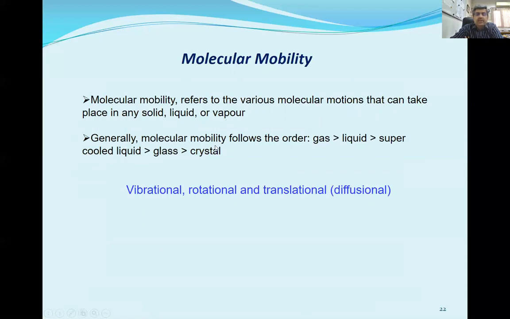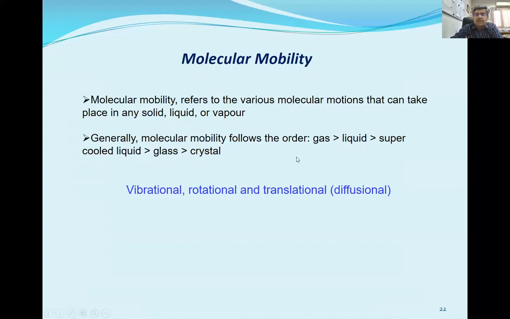Generally, the molecular mobility follows this order. The molecules in the gaseous state have the highest mobility, followed by the liquid state, followed by the supercooled liquid state, followed by the glassy state, and followed by the crystalline state, which means the crystals have the least molecular mobility, while the maximum molecular mobility is in the gaseous state.